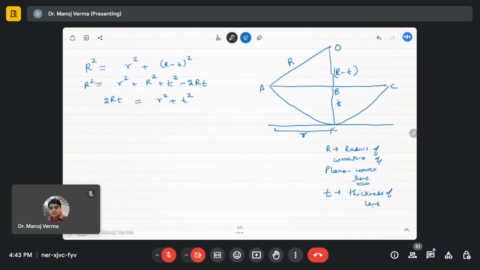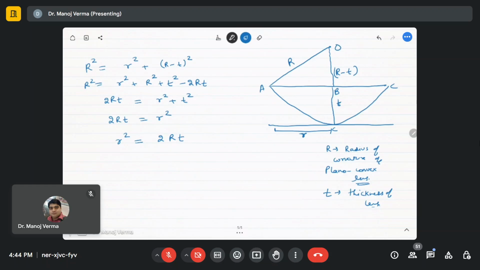This t square I can neglect because the thickness is very, very small. The curvature is very large, right? So if I neglect t, 2Rt will be equal to r square.